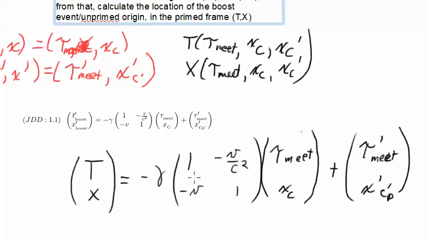T is a function of tau meet and x sub c and tau prime meet. Actually, I should have written it: tau meet is there, x sub c is there, and then it's not a function of x sub c, it's actually a function of tau prime meet, and the other one is a function of tau meet, x sub c and x sub c prime.